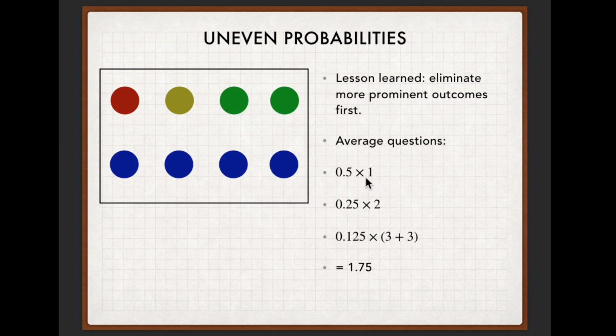So with half of the chance, we end up using only one question. And if the marble is green, and the chance is 0.25, we need two questions. And otherwise, with other colors, each of probability 1/8, we need three questions.